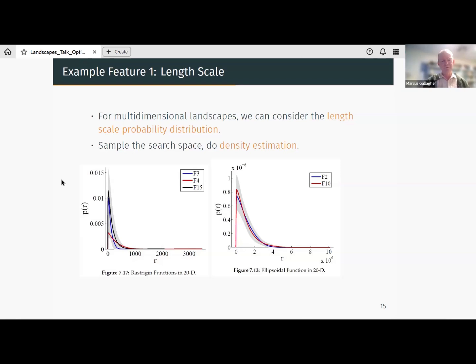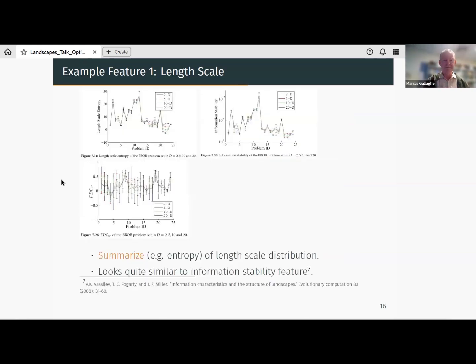And of course, you might want to summarize even more. So, for example, you might calculate the entropy of your length scale distribution or some other statistic, and then try and use that to compare problems, for example.